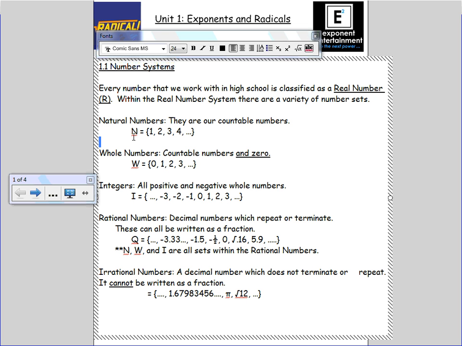It cannot be represented as a fraction. It does not have a repeating decimal. So it doesn't go 0.464646 forever.